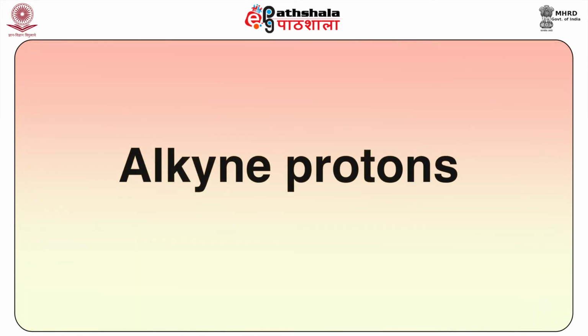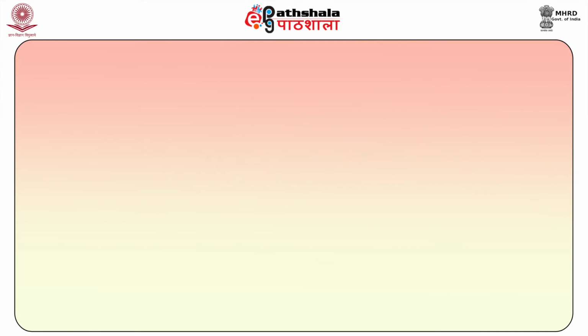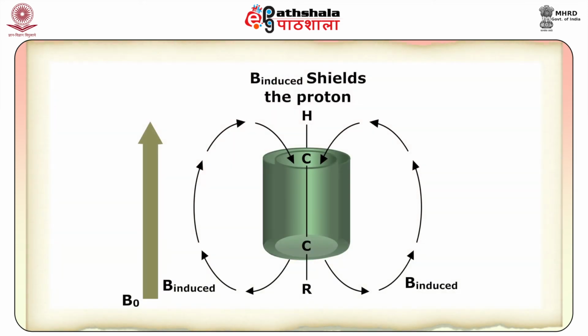Now, we can consider the alkyne protons. An alkyne molecule, when placed in an external magnetic field, is so oriented that the plane of the triple bond lies parallel to the direction of the applied magnetic field.